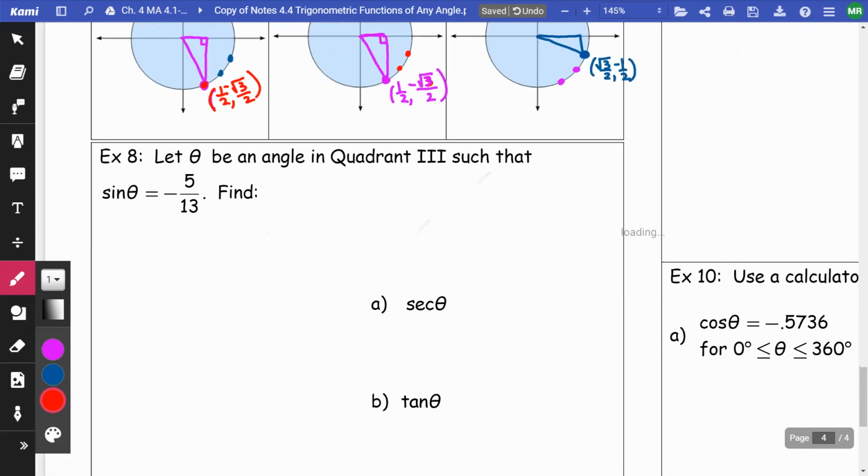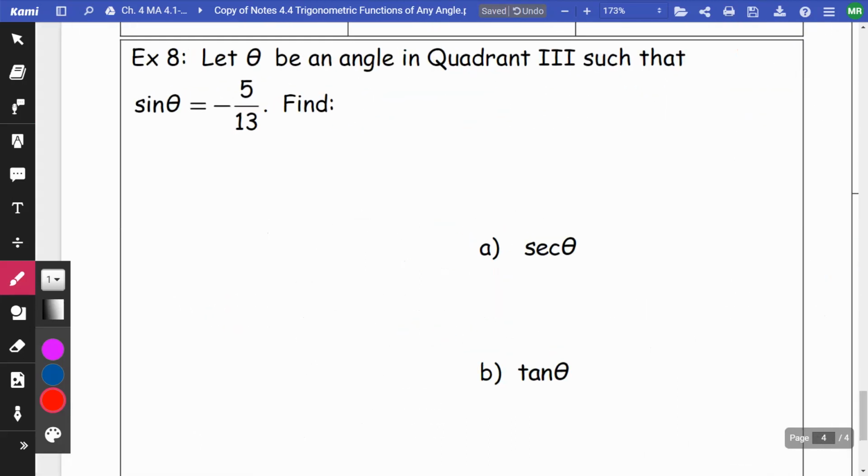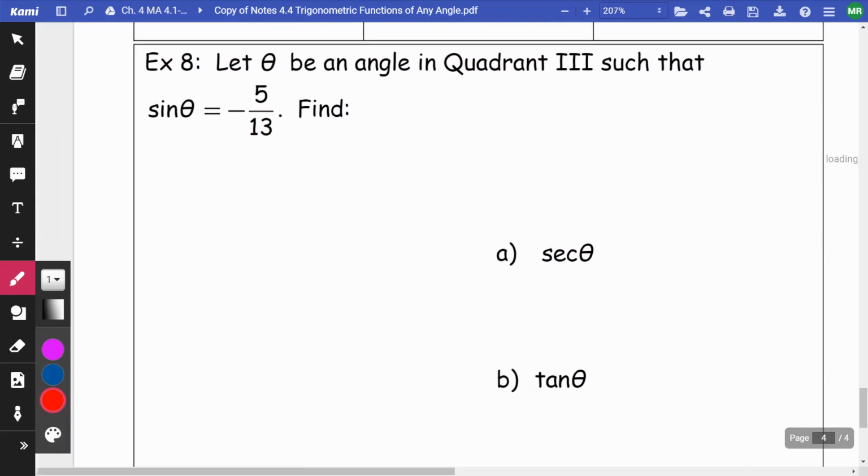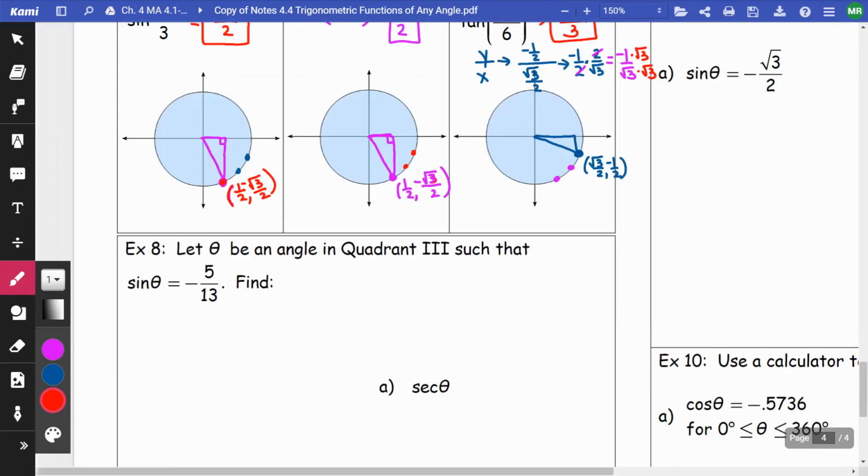Okay, on the next example, we're dealing with the angle theta, and this is in quadrant 3. So let me just come here and copy this.